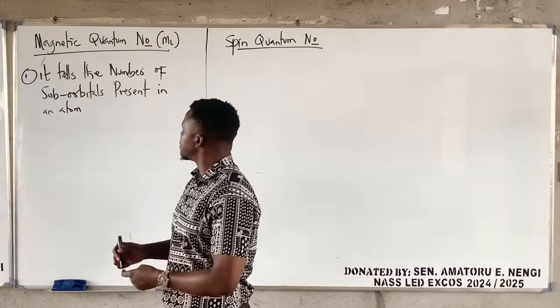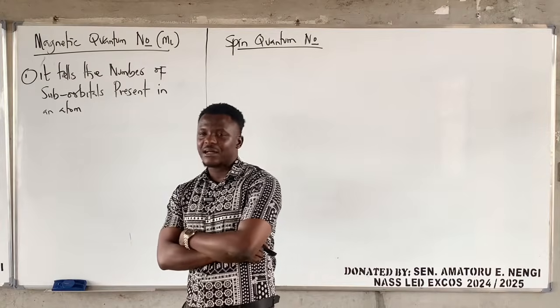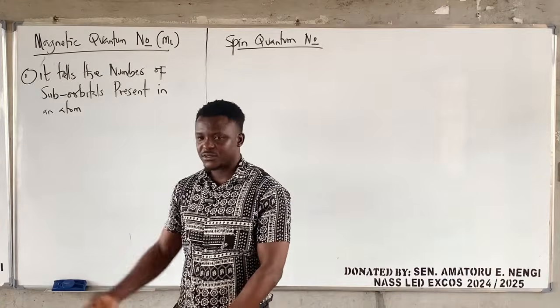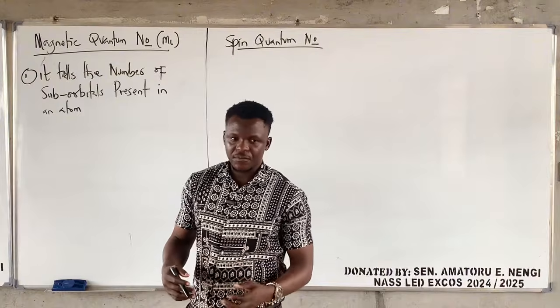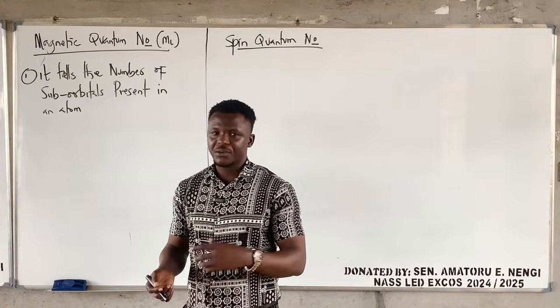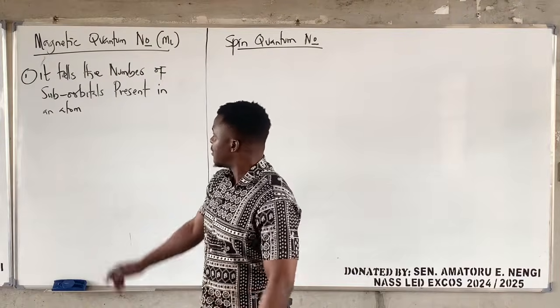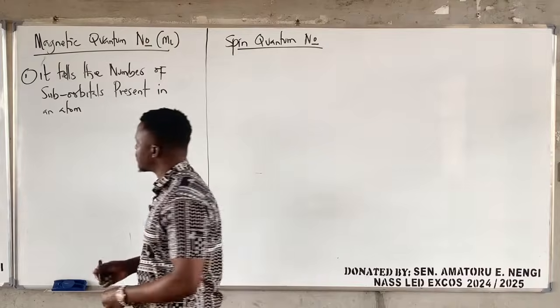Azimuthal tells us the type of orbitals. Is it going to be s orbital? Is it going to be p? Is it going to be f, and the rest of them? Now this one tells us the number of suborbitals.